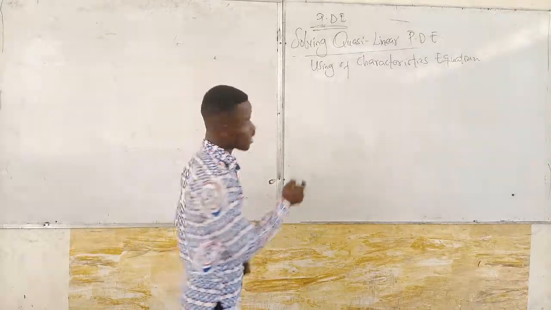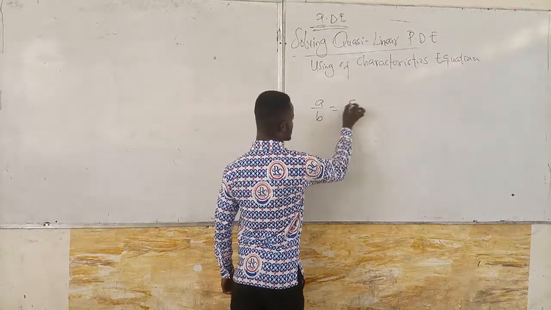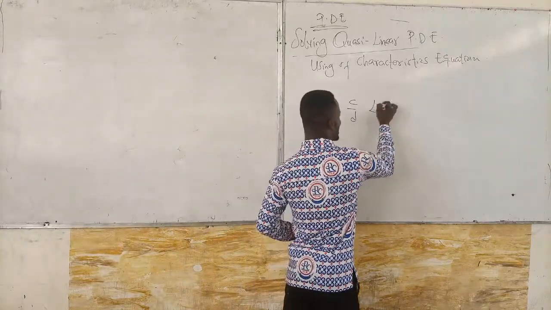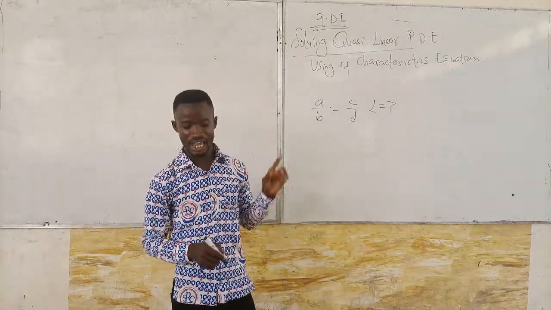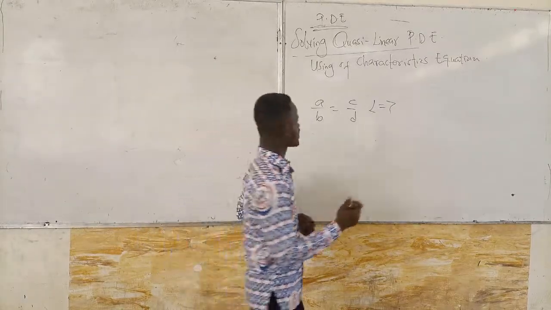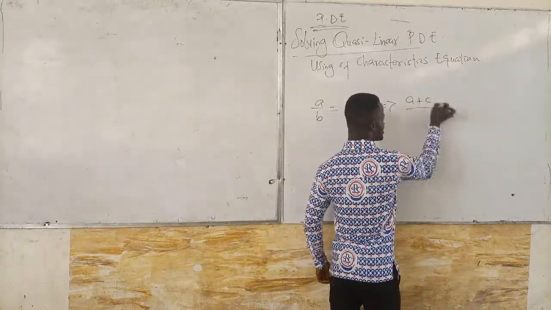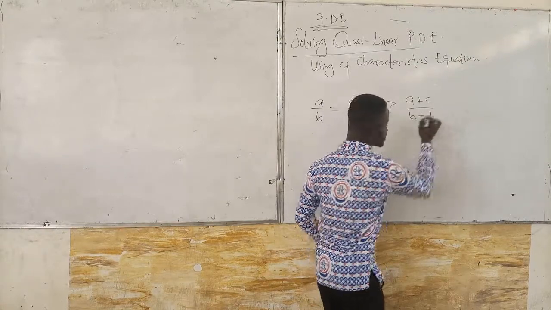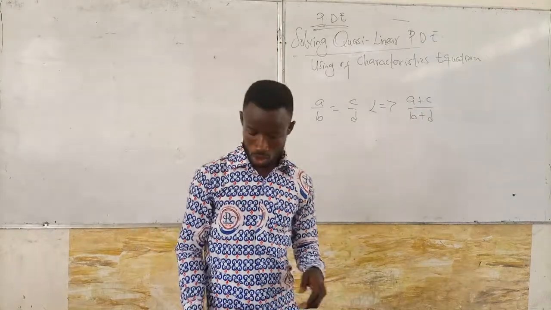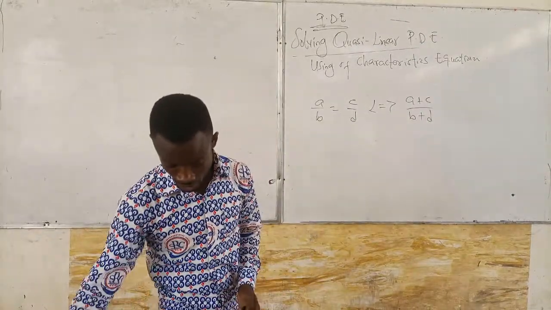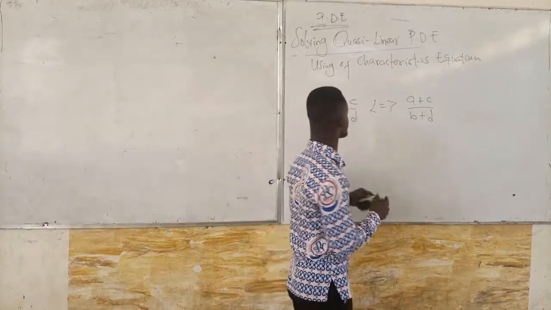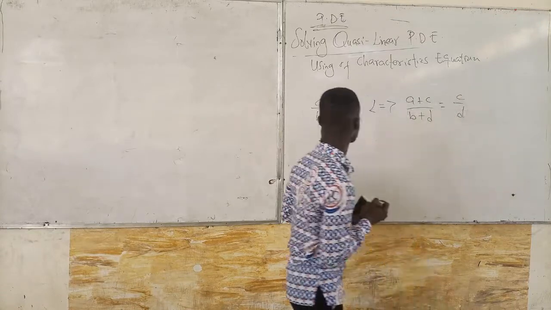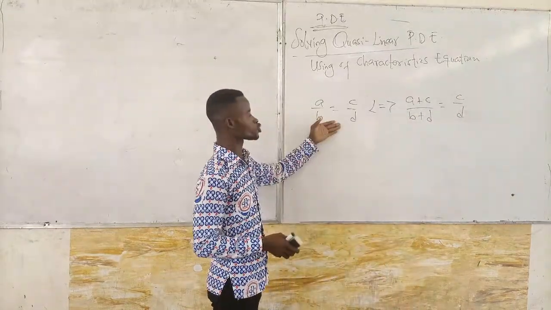The algebra is that A over B is equal to C over D. And if this is true, we can issue an equivalent statement: that then it's going to be A plus C over B plus D, which is equal to C over D. So we are saying that if this is true, then this is true.